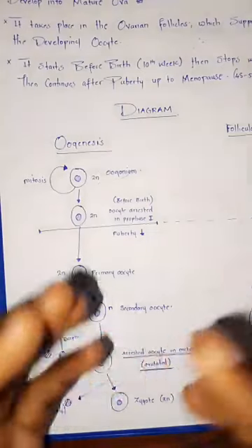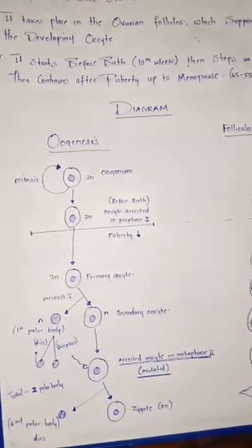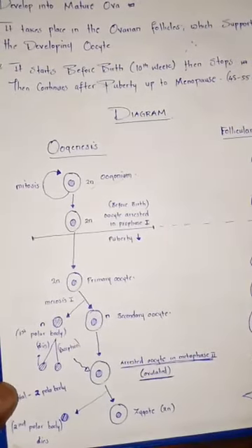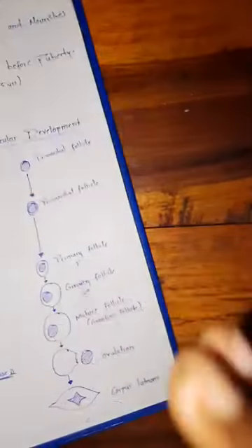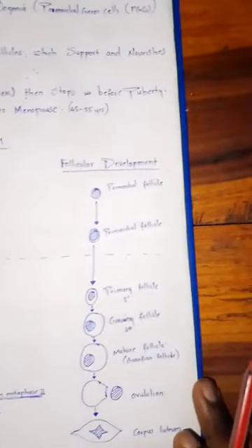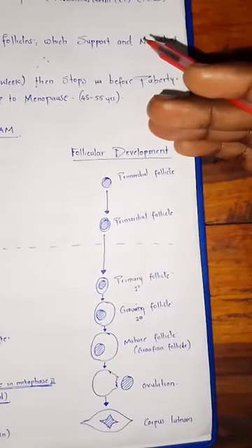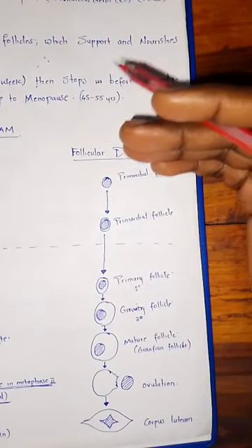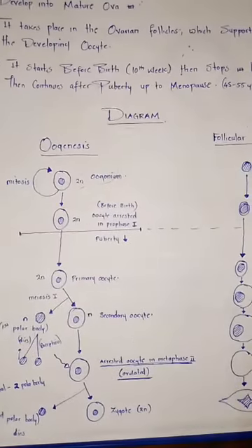So as the ovum is developing and growing, it is going to be taking place inside this primordial follicle, as it also undergoes its own stages from primordial follicle, primary follicle, secondary, until it reaches maturation, just the way we have seen. So we are going to have the follicular development happening simultaneously with the process of oogenesis.